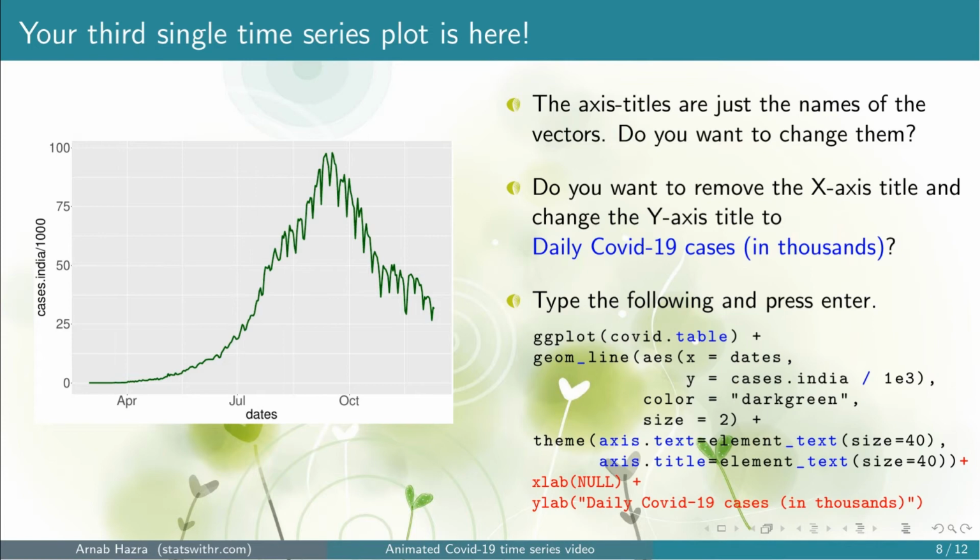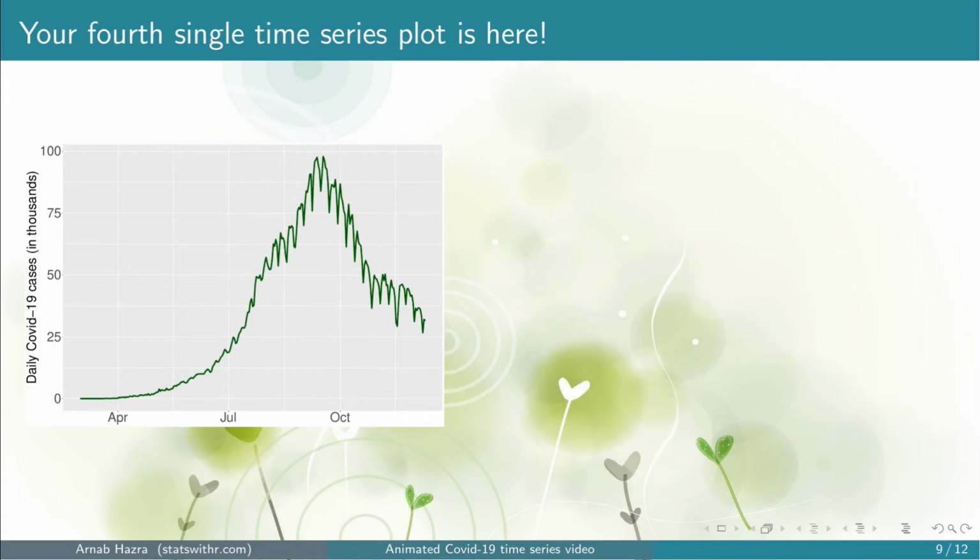To do that, add xlab(NULL). This removes the x-axis title, plus ylab("daily COVID-19 cases in thousands") within quotes. This replaces the y-axis title. Now press enter. Okay, you get your fourth single time series plot. You can see that the axis titles have changed.